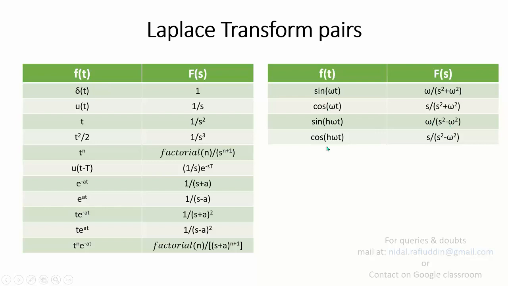Likewise, for cos omega t and cos hyperbolic omega t, there is a difference in the sign, plus and minus. So these are some Laplace transform pairs that we will be using in this course to solve certain questions, to find the output of certain models, mathematical or some mechanical or electrical forms.